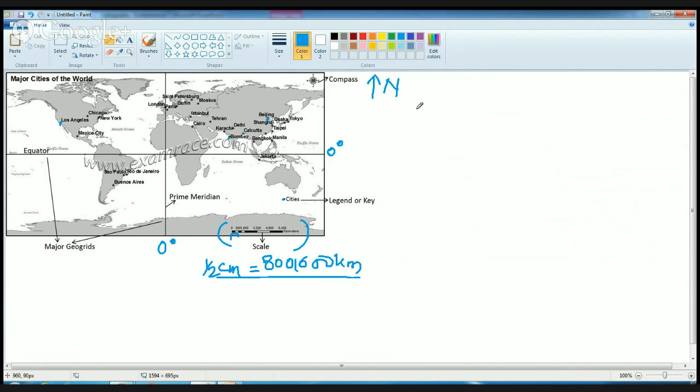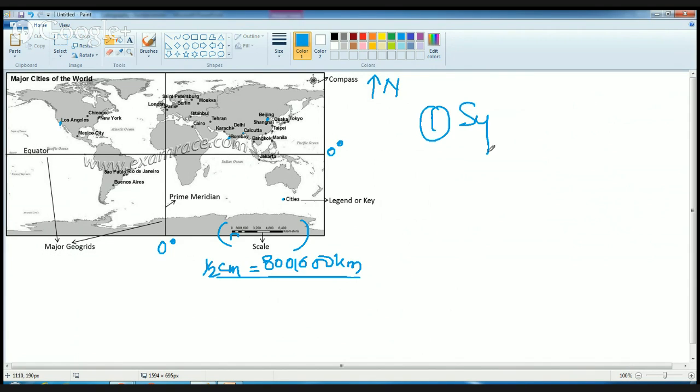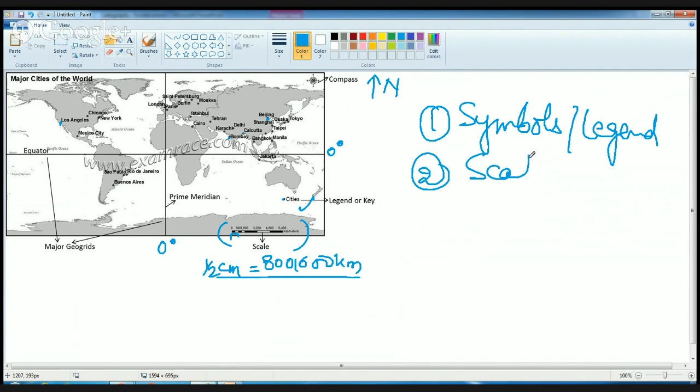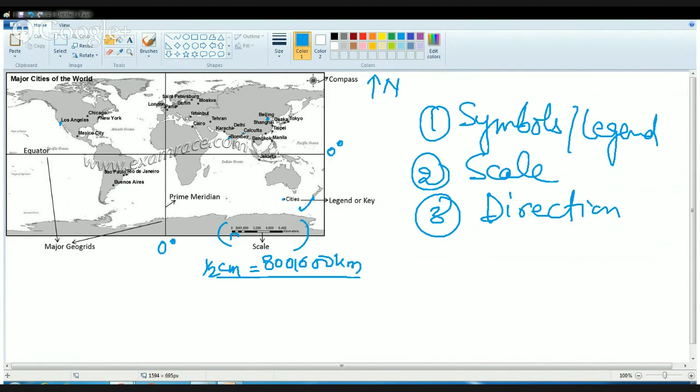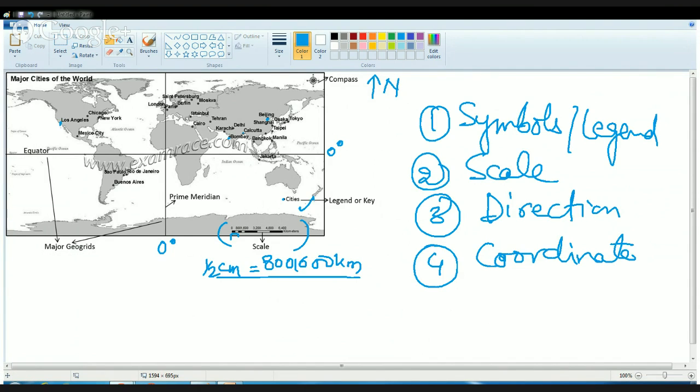Now, the most essential parts of mapping are, first, symbols or legend that we make here. That's also known as the key. Then you must have a scale, direction. That's another essential element that you must have. Then you have the coordinate system or the important grids that pass through the region.